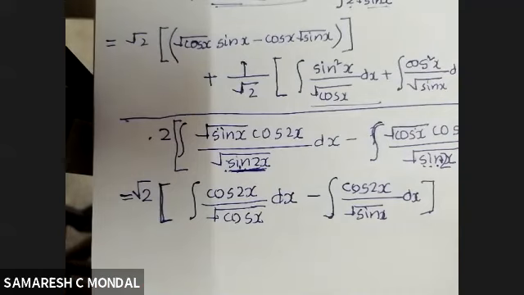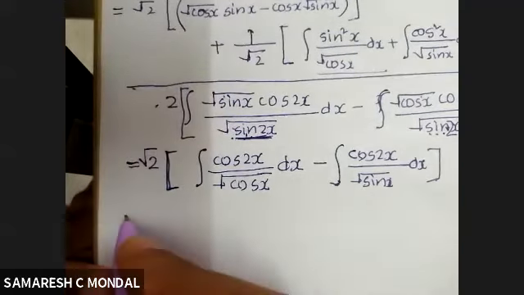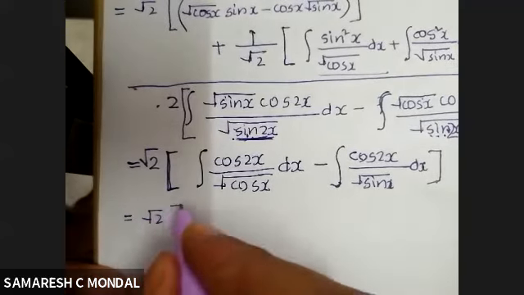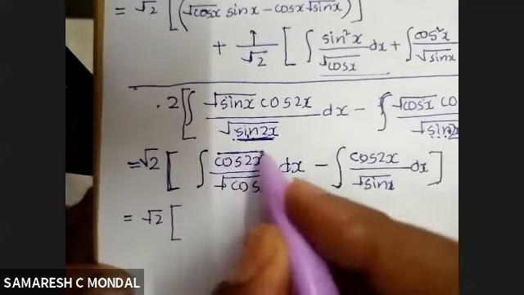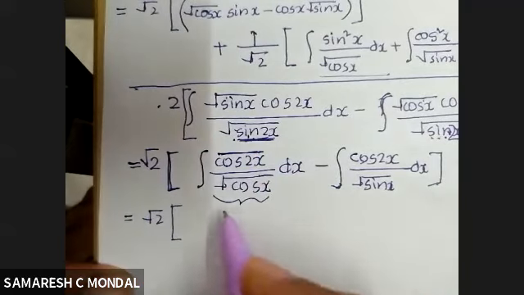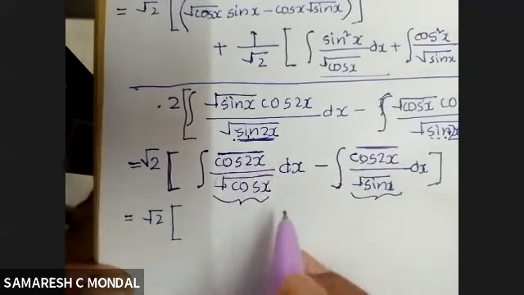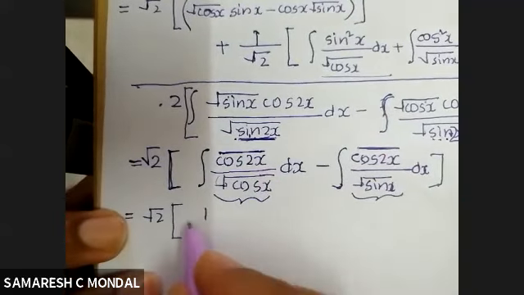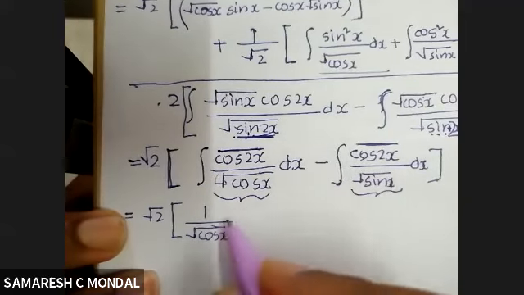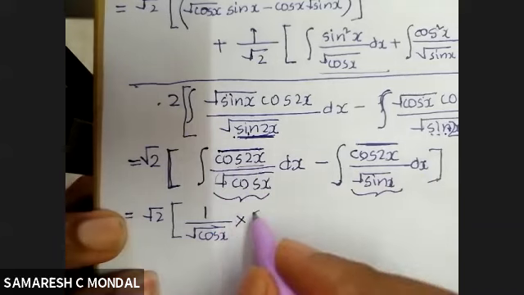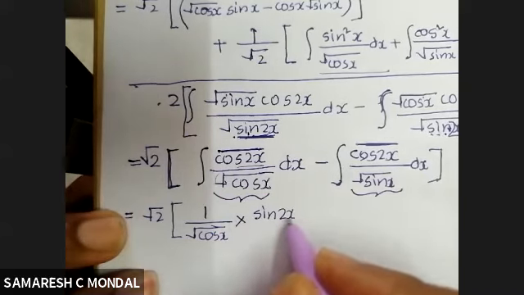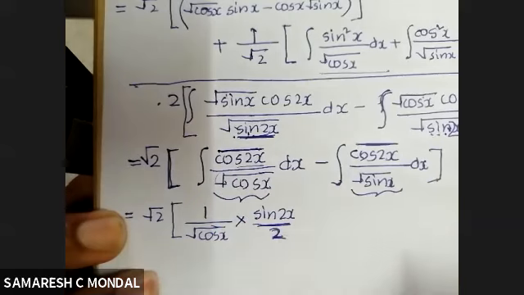Now, if you apply integration by parts again, root 2, and no need to say anything, this is the second function and this is the first function. Same goes here: second function, and this is the first, because it's easily integrable and differentiable. So 1 by root cos x into cos 2x, integration is nothing but sin 2x by 2, minus, now differentiation of this.